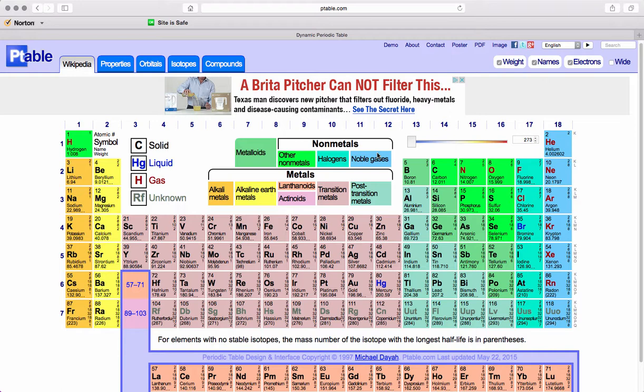To answer part of this question, we need to look at a periodic table and understand how to interpret it. A nice online periodic table is ptable.com, shown here in the address bar. What's nice about this, it's interactive, so you can hover over these different regions and it will light up each area of the periodic table.